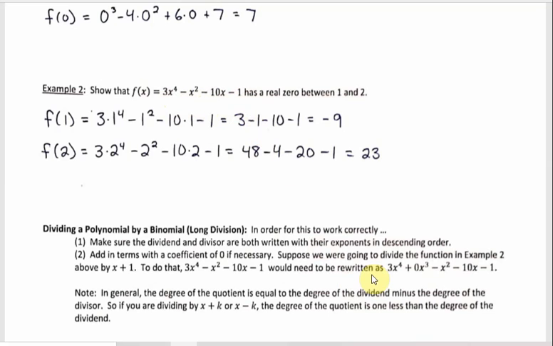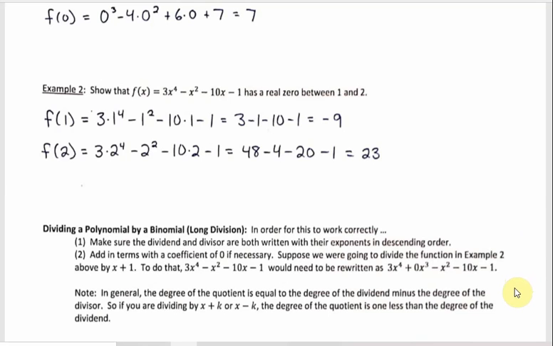But if you were going to do some division involving that function in example 2, you'd have to rewrite the 3x to the fourth minus x squared minus 10x minus 1 like this, where you write in the x cubed term with a coefficient of 0. Otherwise, all your powers get off. That's the one that's easy to forget. So when we go through the examples, when you have to add those in, I wrote them in red just to make them stick out a little bit, because it's really, really easy to forget to do that.